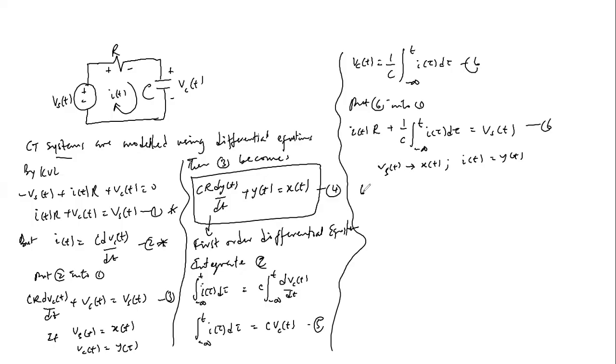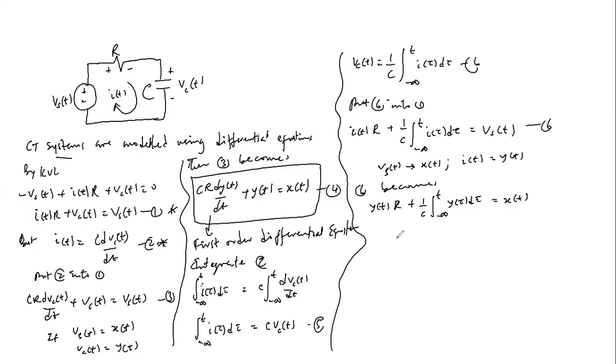Then 6 becomes y of t, r, plus 1 over c, integral from negative infinity to t of y of tau d tau, which is the same as s of t.